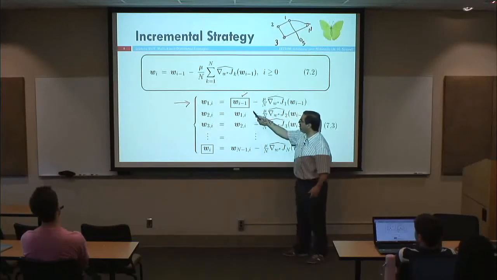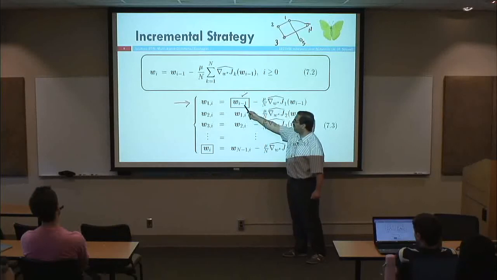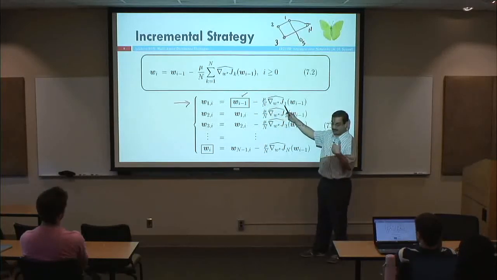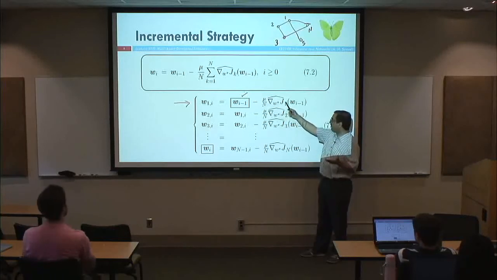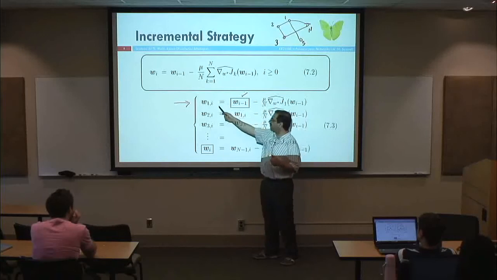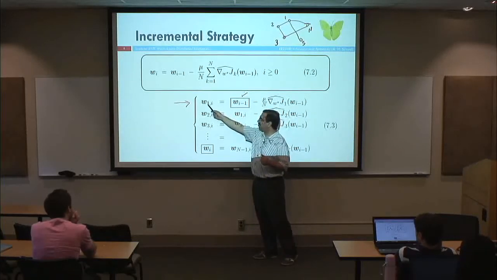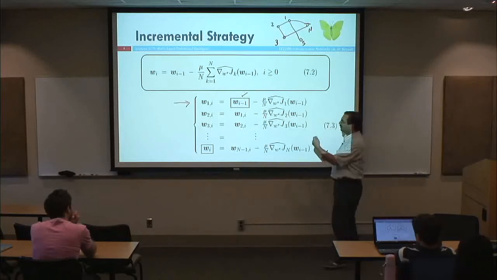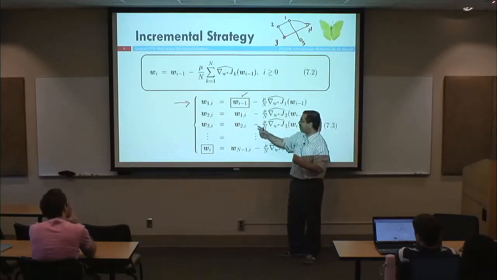So here it is. Agent 1 starts from the initial point, adds to it the first gradient, because it has that gradient. This, at agent 1, will give you this intermediate value, which I'm calling W1, to say this is computed by agent 1. Agent 1 now passes this information to agent 2.